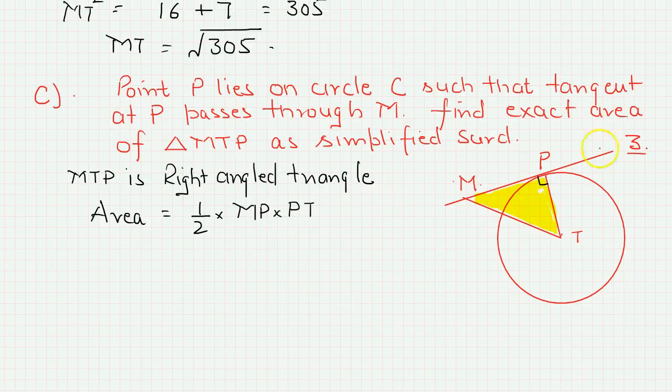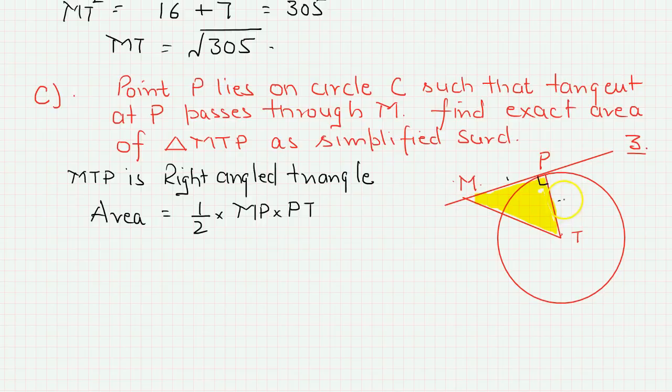You can say this is perpendicular and this is adjacent, or you can say run and rise, whatever you say, but the area will be half times the two lines making 90 degrees in this.